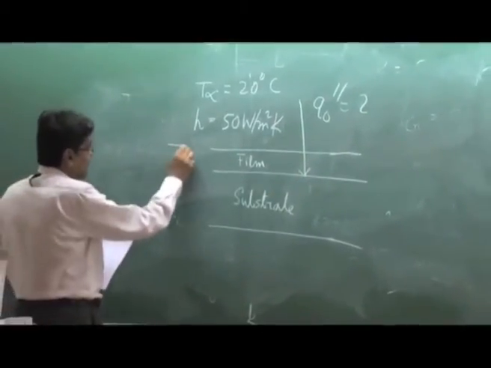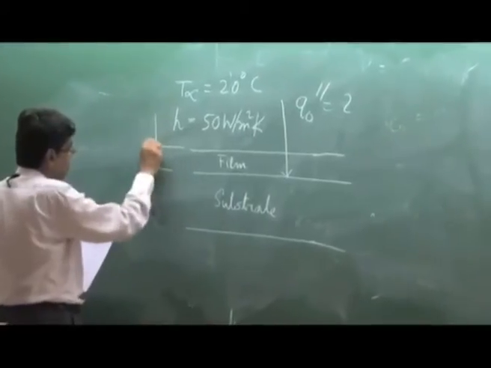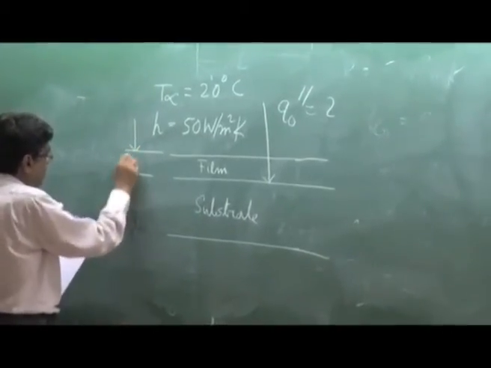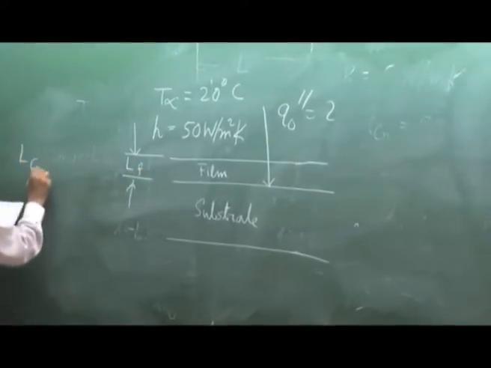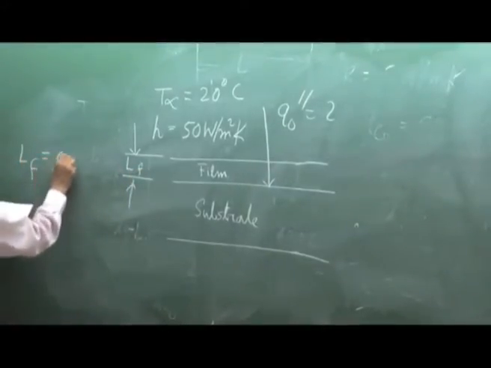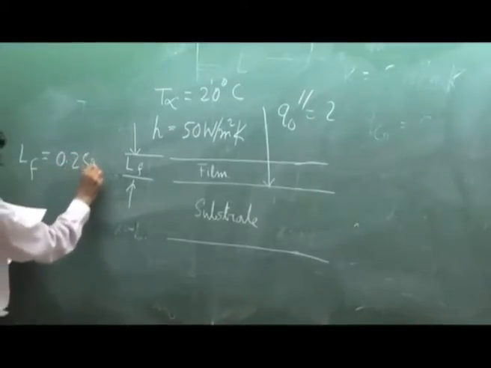Now this distance, this is LF, length of the film, where the length of the film is given as 0.25 millimeter.